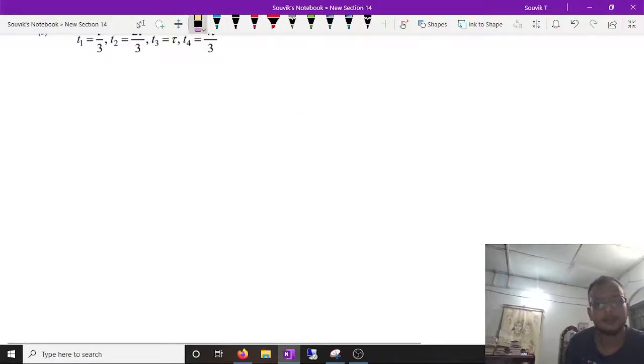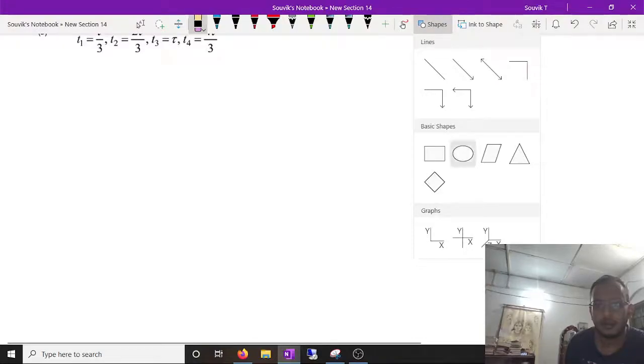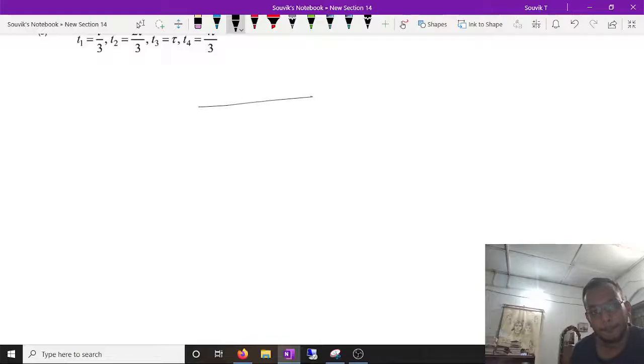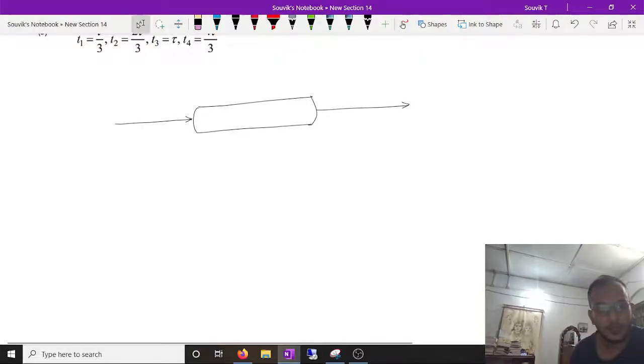So we'll first draw a model of the plug flow reactor. This here is our plug flow reactor.